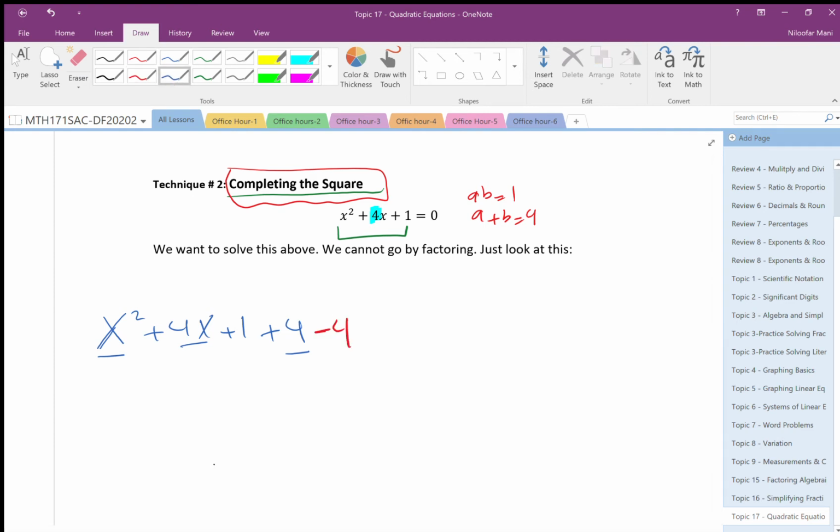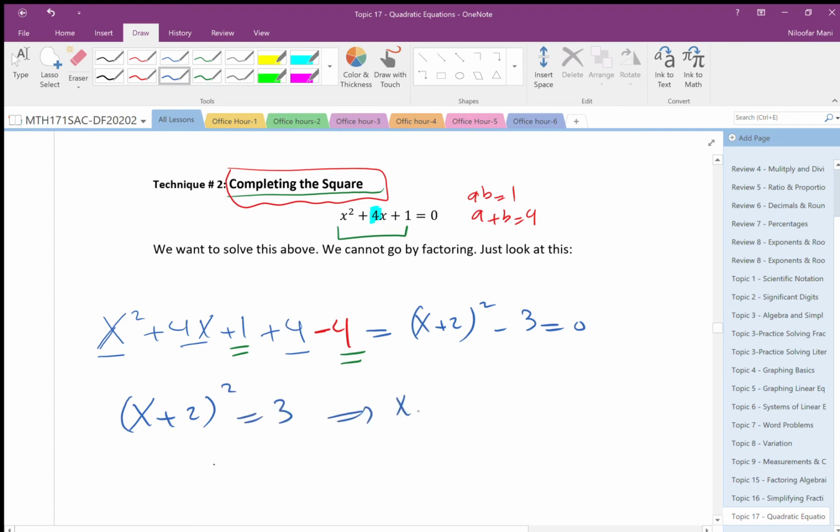If you add and subtract at the same time, if you multiply and divide at the same time, you didn't change your question. That's perfect. So how about I use these 3 and I use these together. This is x plus 2 squared minus 3, and I can say equal 0. Oh, very perfect. So it's x plus 2 squared equals 3.